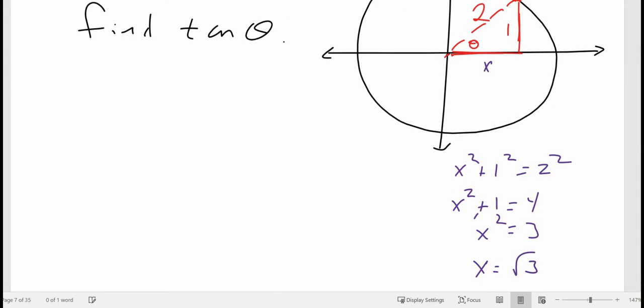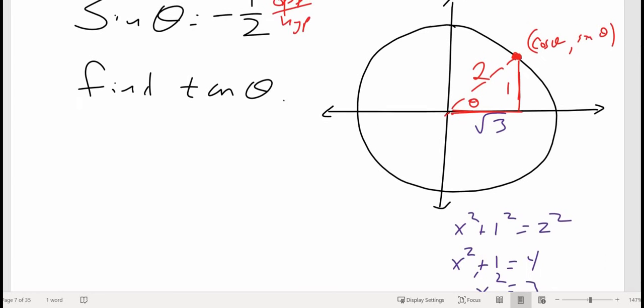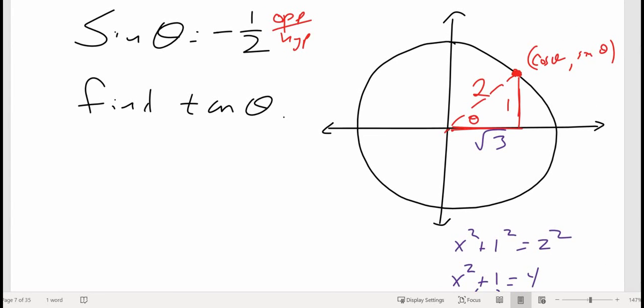So x is the square root of 3. So far, so good? Well, I now know all the sides for that triangle.